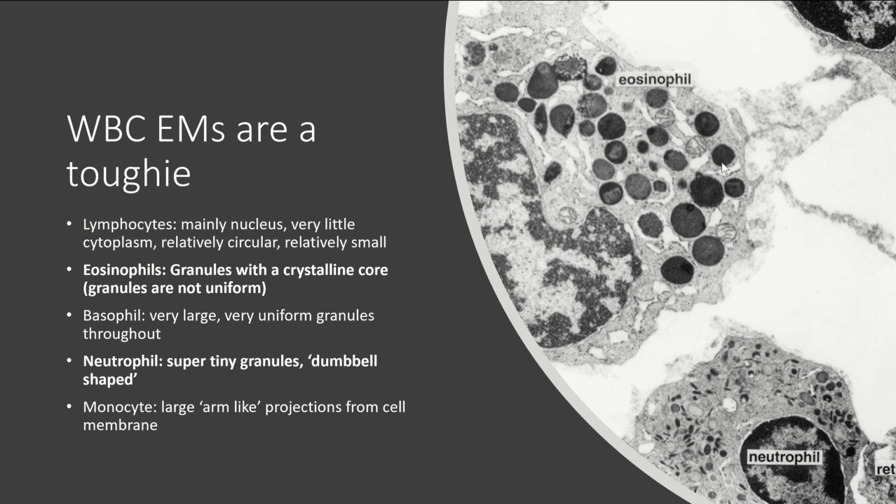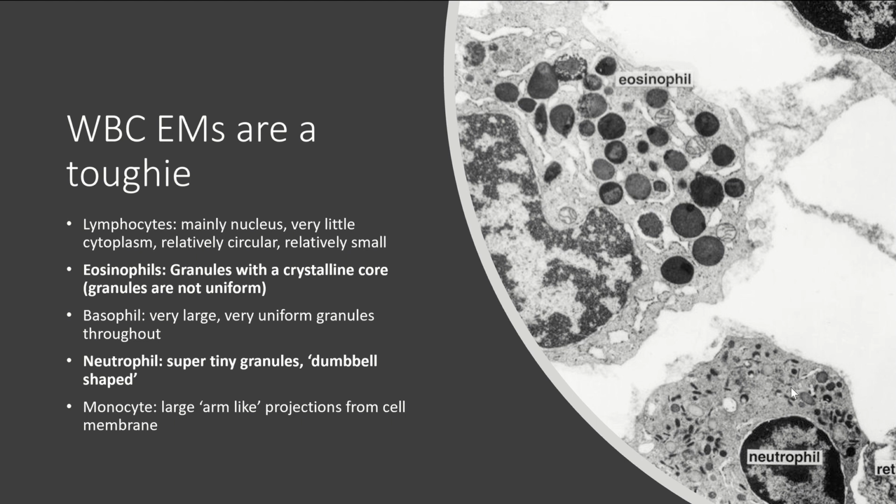And hopefully you can appreciate how within this one granule, I have two different colors or textures, right? What that's called is a crystalline core, okay? So this is a really good example. This granule right here, it's a crystalline core within that granule, okay? This one's a good example right here. And that is characteristic of eosinophils, okay?